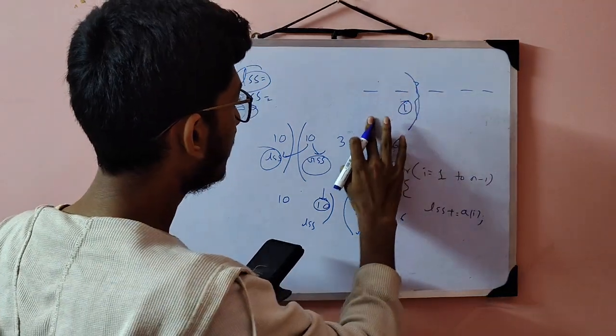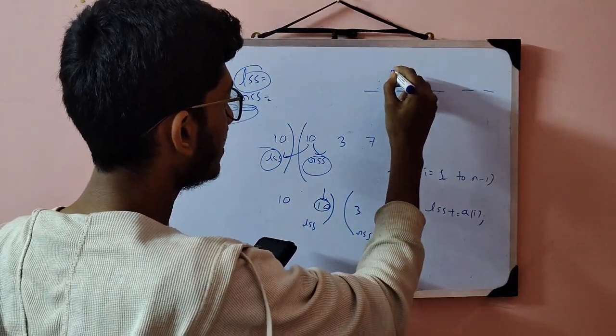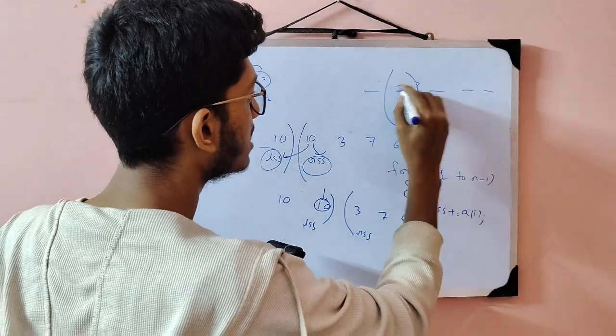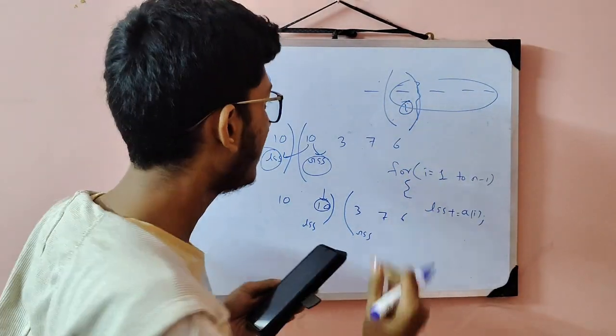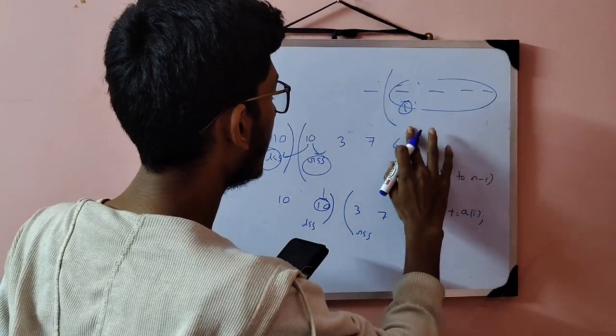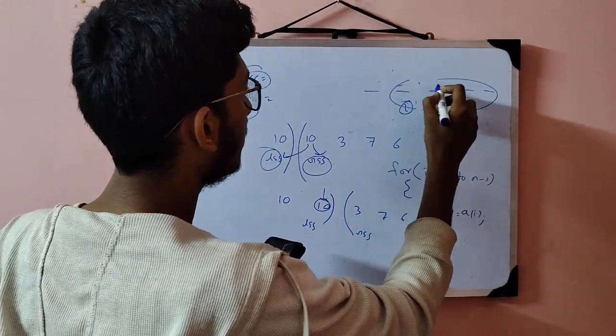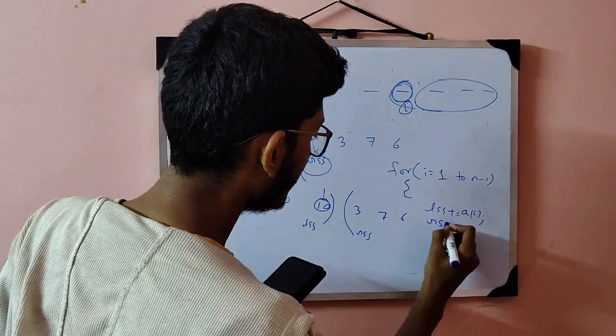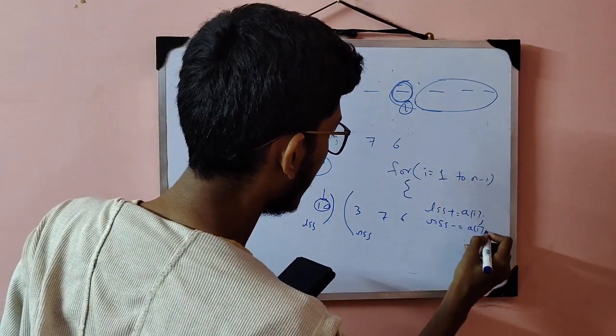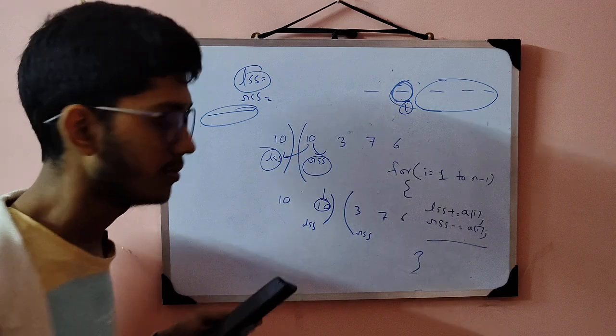And for the previous iteration, my right subarray sum was up till this whole thing, but now it will be up till this only, so I need to remove this element. Right subarray sum minus equals a of i, and then you can check the condition.